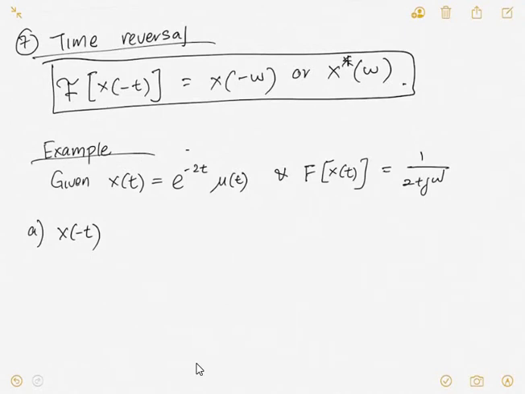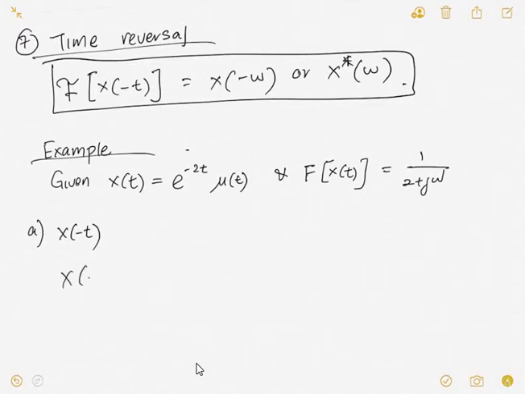Okay, class. You are given x(t) equal to e^(-2t) u(t), and the Fourier transform of x(t) is 1 over 2 plus j omega. This is the question: you need to find x(-t). This negative refers to the reversal.